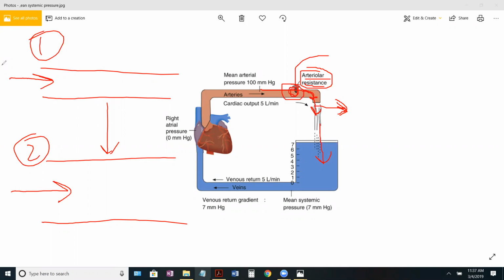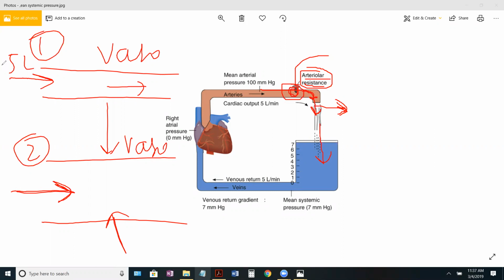You can easily imagine that pushing 5 liters of blood through this type of vessel will need more pressure from the heart than pushing 5 liters of blood through this dilated vessel. Just remember, this is a vasoconstricted vessel and this is a vasodilated vessel. That's what I am trying to say. Of course, almost no vessel in your body is this big.